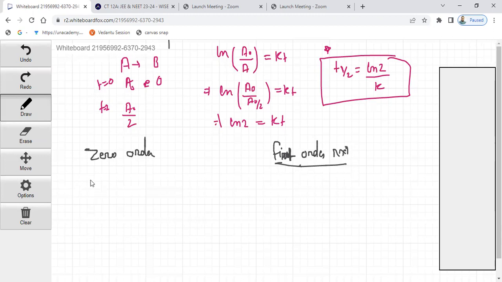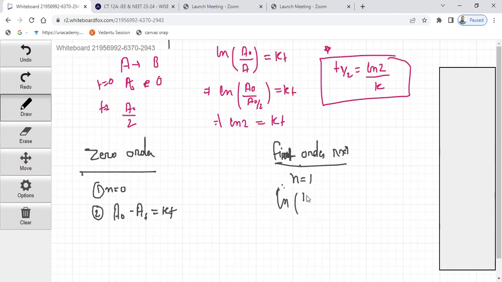What is the difference and what results do we have to remember? First result is that the n value is equal to 0. Second formula will be A naught minus At, the final value, is equal to k into t. This formula is for n equal to 1: ln A naught by At is equal to k into t.